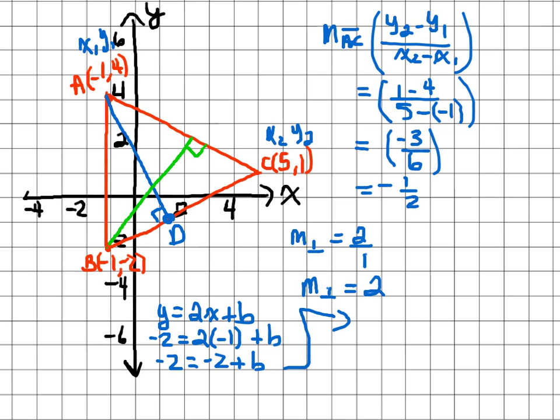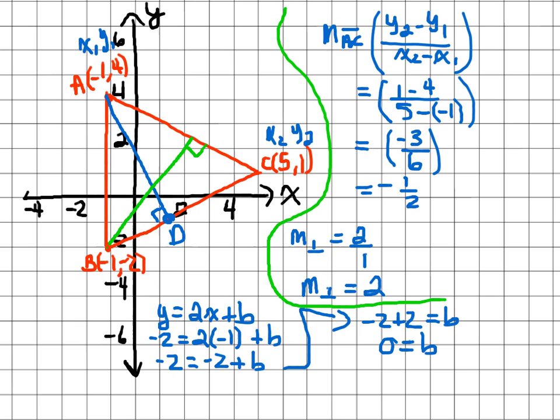I'm going to come up here. I'm actually going to make a line here so that we don't get confused as to which calculations go with which. So I have to add 2 to both sides in order to isolate for b. So I have -2 plus 2 equals b, and -2 plus 2 is actually 0, so 0 equals b.